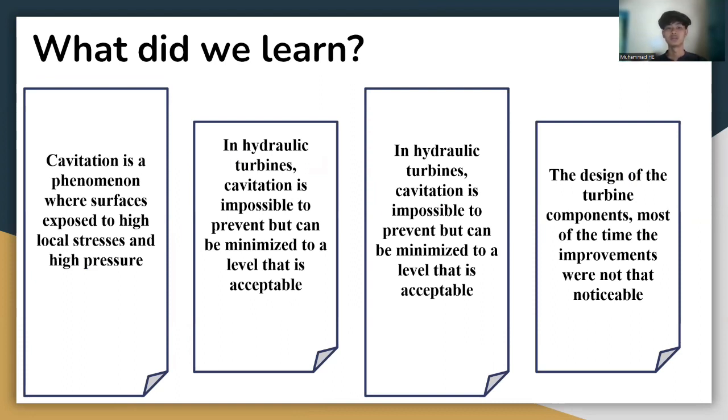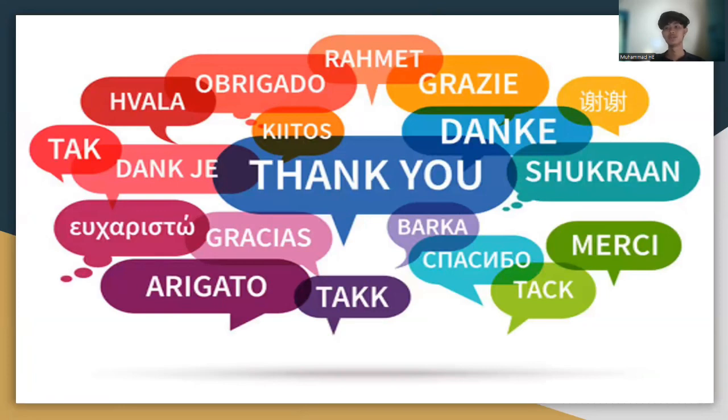The second one is that in hydraulic turbines, cavitation is impossible to prevent but can be minimized to a level that is acceptable. The last one is the design of the turbine components. Most of the time, the improvements were not that possible. And I think that's all from us.